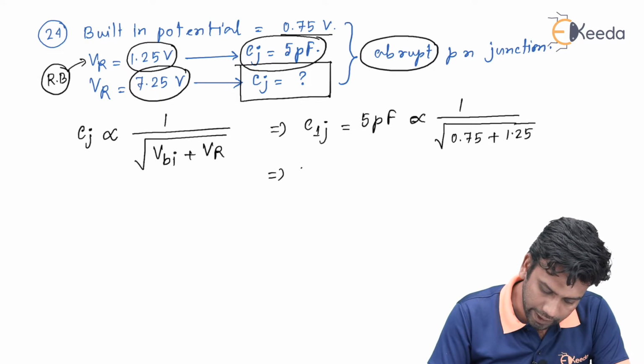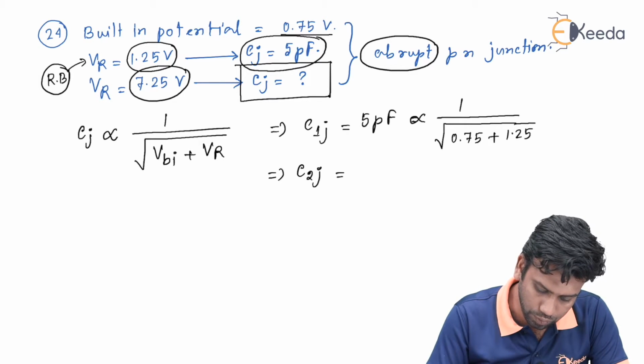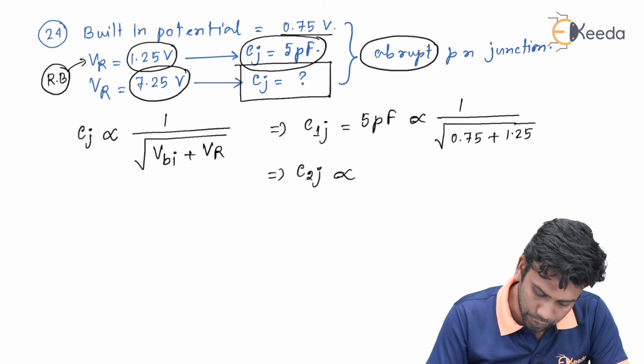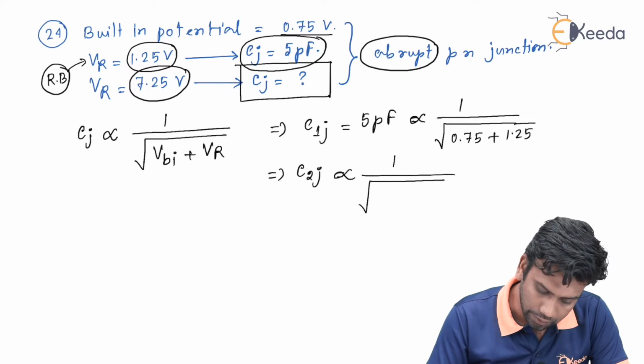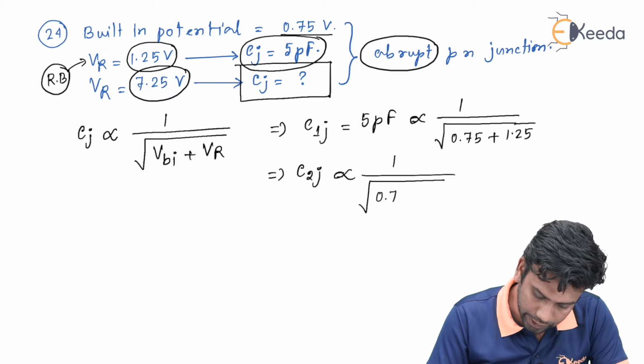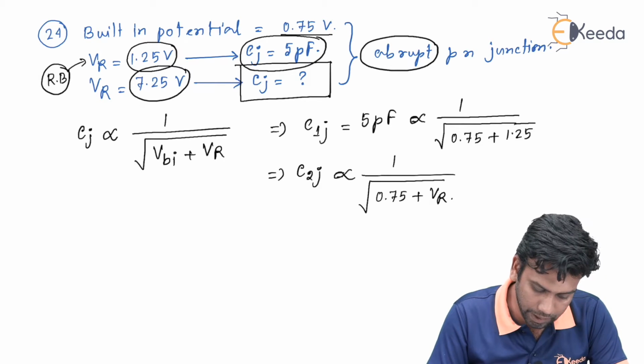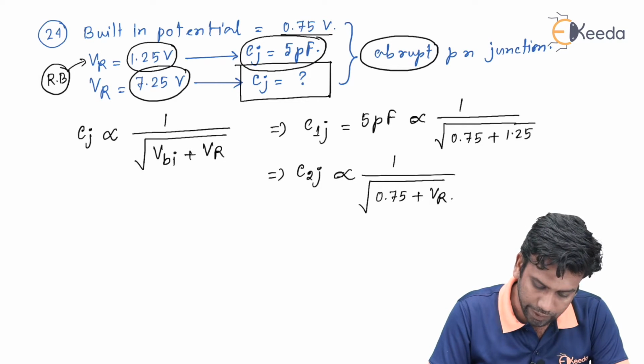Next, for C2j, that is case 2, it will be proportional to 1 by root over Vbi, that is 0.75 plus Vr, and Vr is given as 7.25.